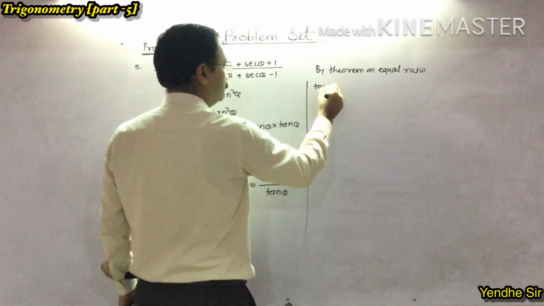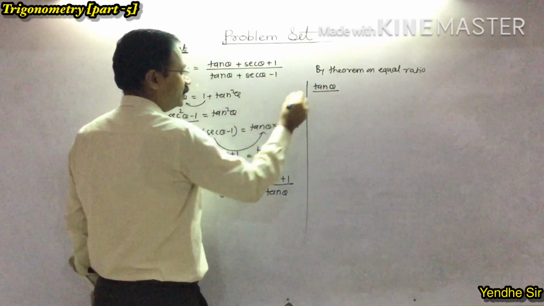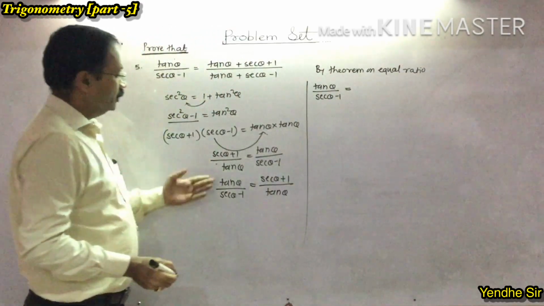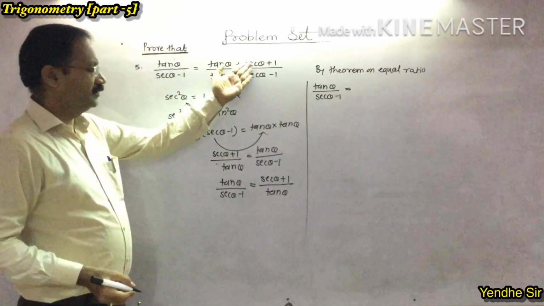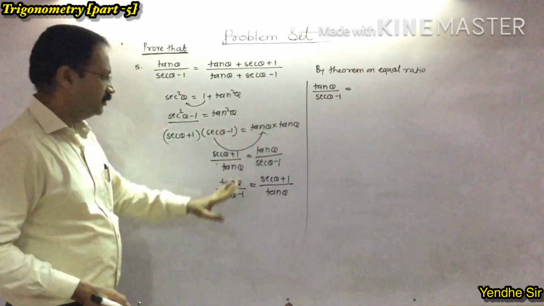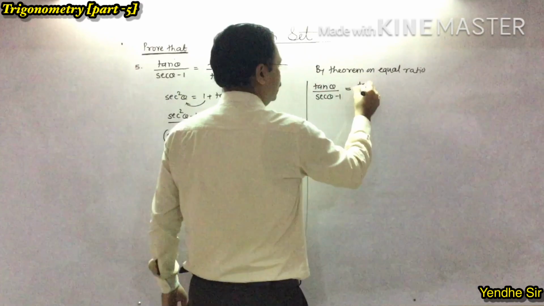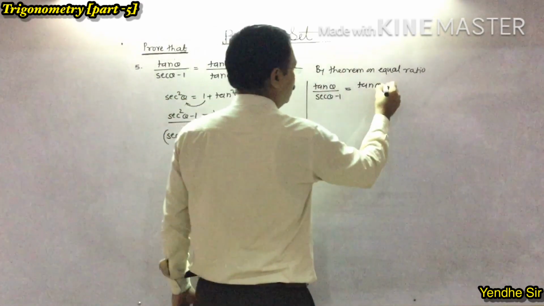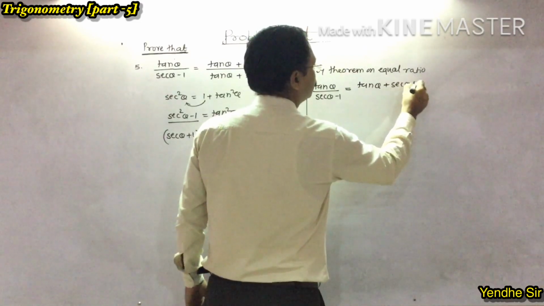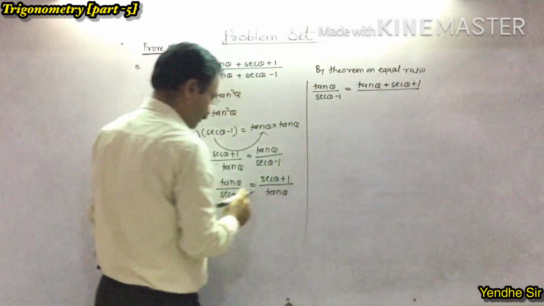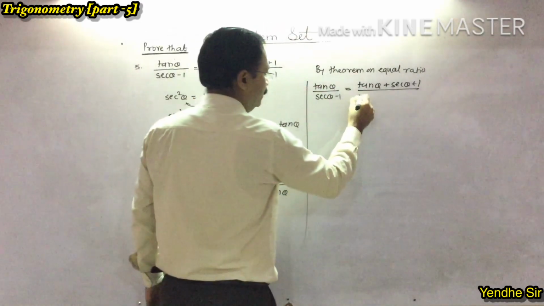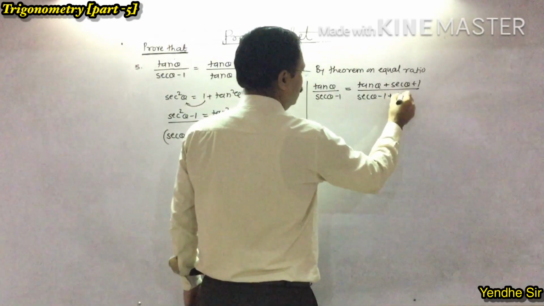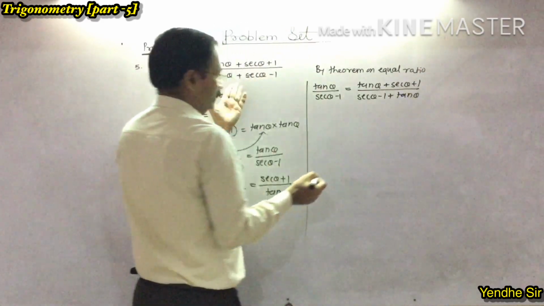Tan theta upon sec theta minus 1 equals. So what you have to do? You have to add only: tan theta plus sec theta plus 1. Same, sec theta minus 1 plus tan theta. You just have to add it because I need the plus sign here.